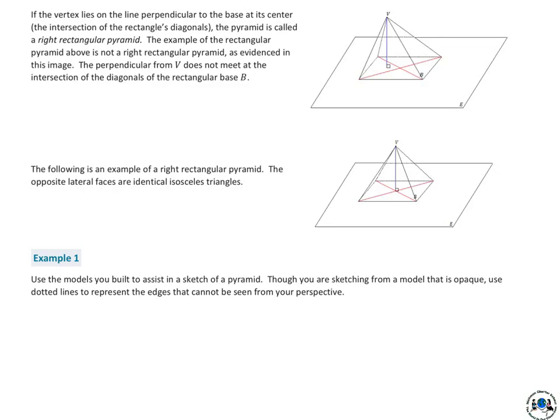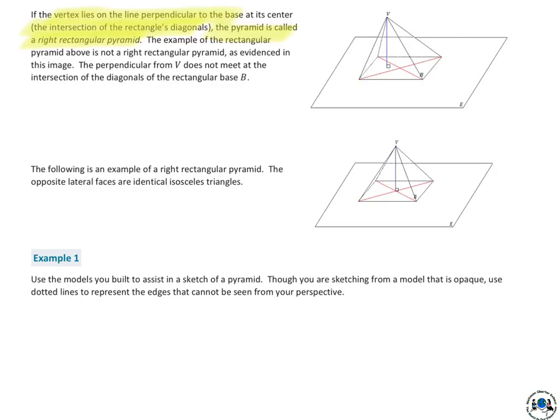If the vertex lies on the line perpendicular to the base at its center, the intersection of the rectangle's diagonals, then the pyramid is called a right rectangular pyramid.